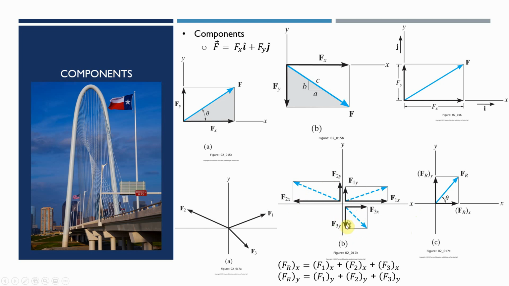And of course, F3y is negative, F2x is negative. The angle of the resultant we can get from the arctangent of the resultant x-coordinate divided by the resultant y-coordinate. Actually, that'd be the arc cotangent. Arctangent would be distance up divided by distance adjacent.